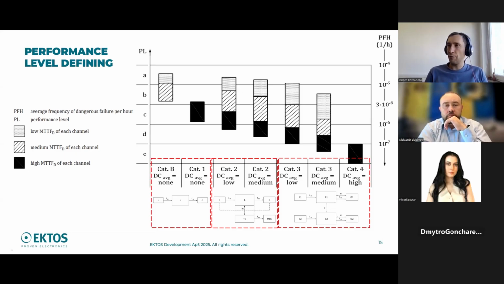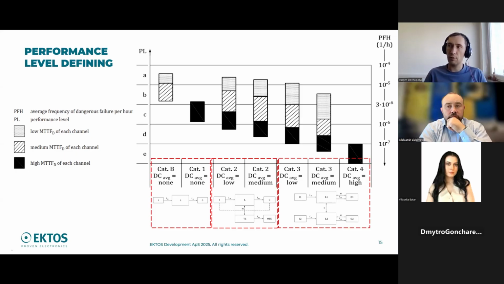And the same for category 1. This is one channel, and what you can do is only increase mean time to dangerous failure, and the maximum level you can reach is C, which is more or less okay for some applications.